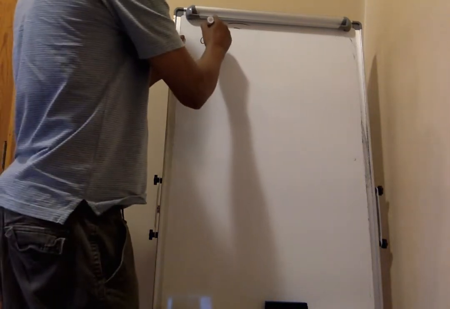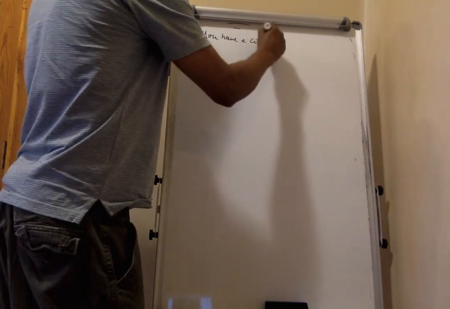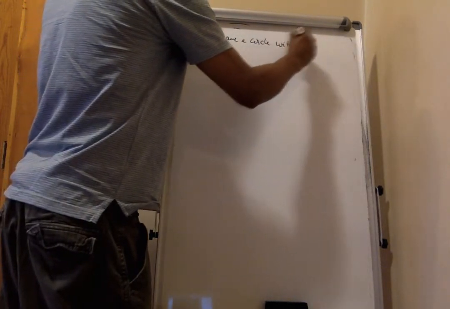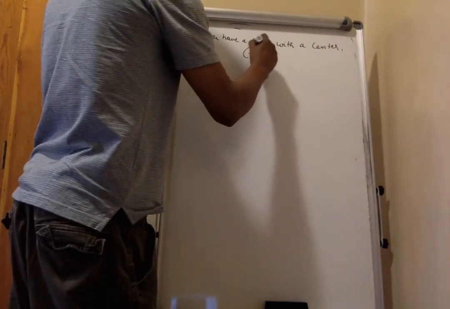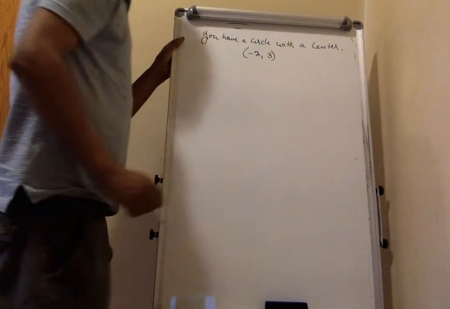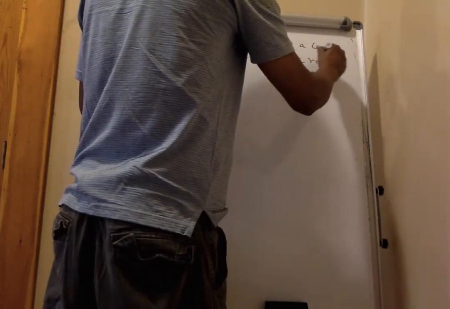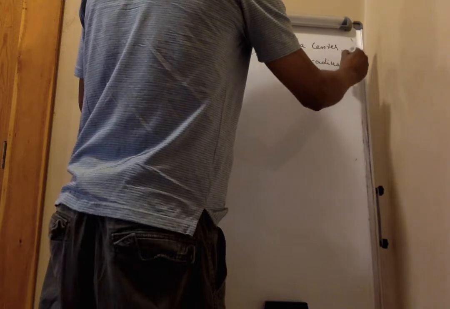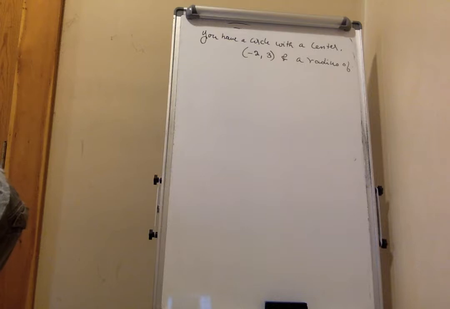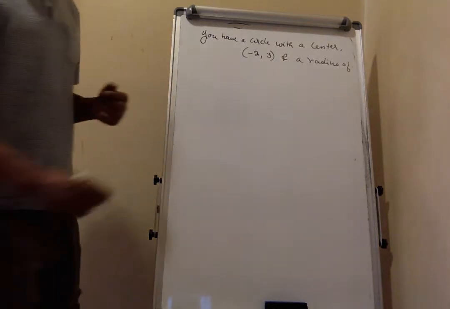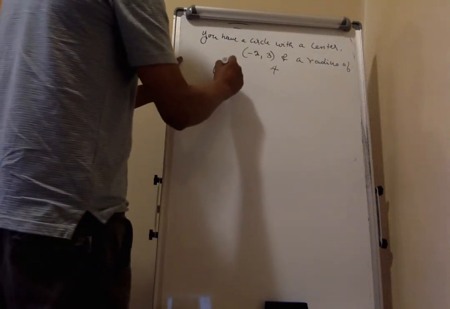Now, suppose you have a circle with a center -2 and 3 and a radius of 4, and you are asked to write an equation.